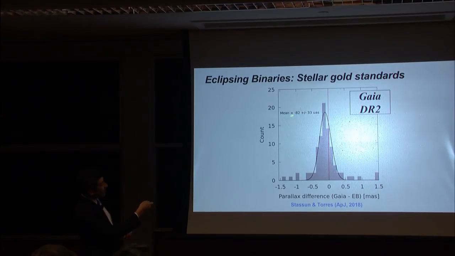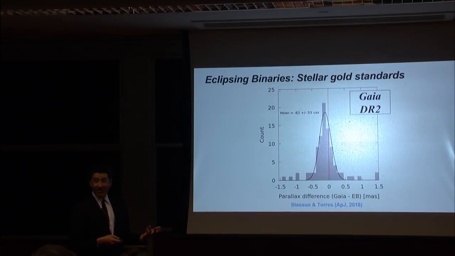We measure a systematic offset of about 80 micro arc seconds between the distances that we measure for these eclipsing binaries versus what Gaia DR2 reported. So if you're a glass half empty kind of person, you probably go, oh my goodness, there's a systematic error.